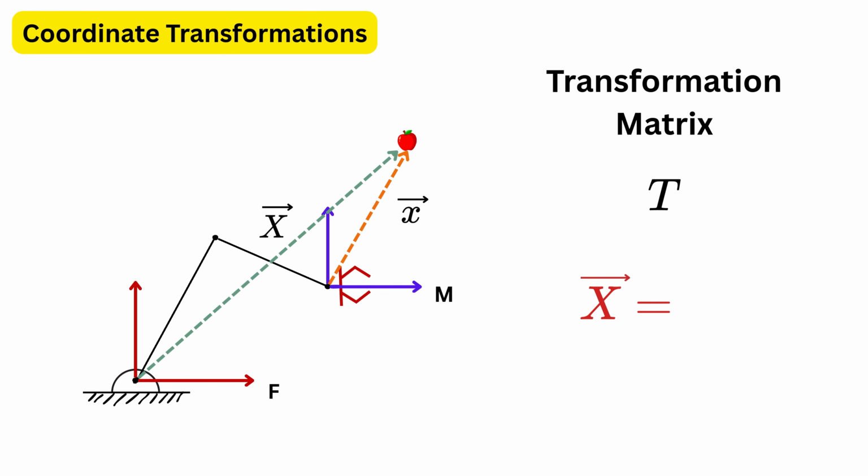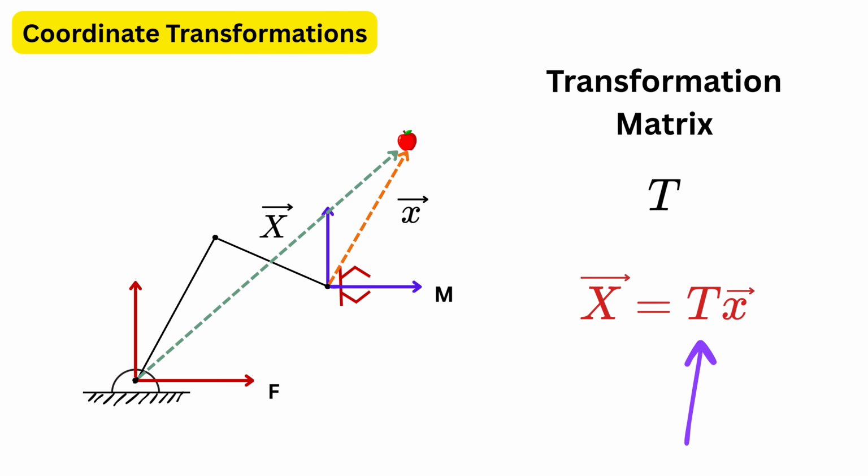So our big X is expressed as T times small x. Now, if somehow we are able to find this transformation matrix, then we can compute the global position of any point or object that is expressed in the moving frame.